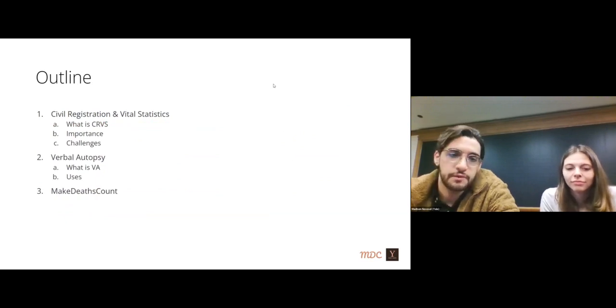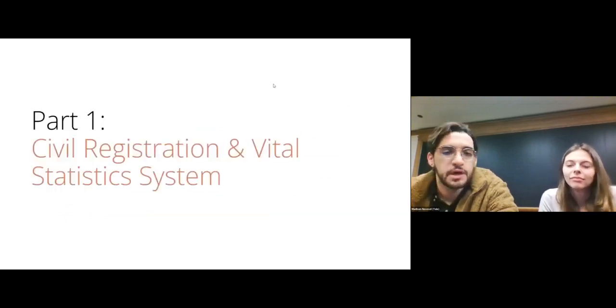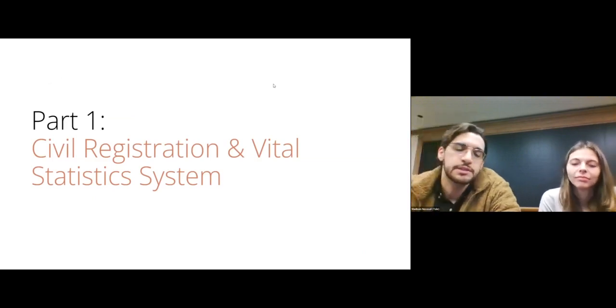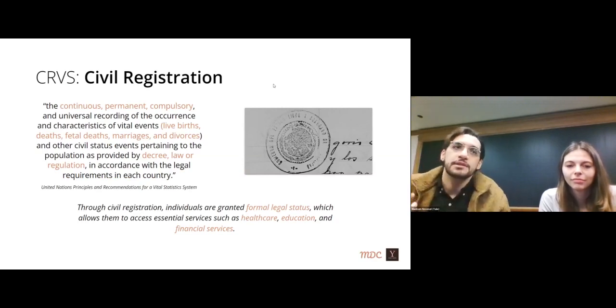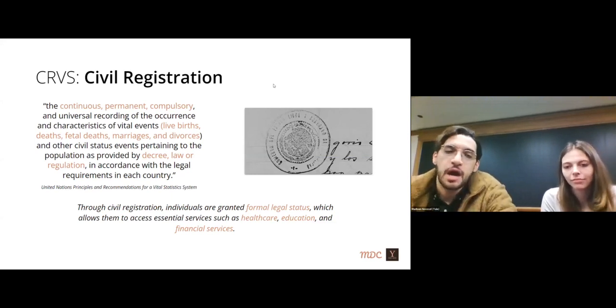And again, this is just the outline for today. Beginning with civil registration and vital statistics systems, the way I think about it, CRVS is sometimes divided into two things: civil registration and vital statistics.